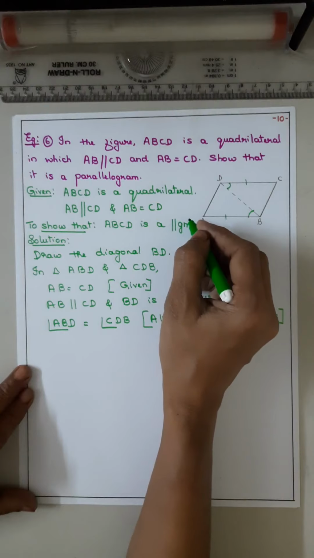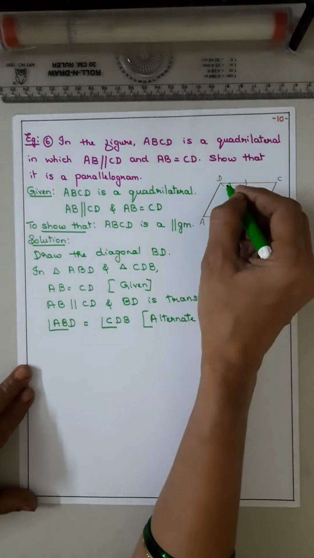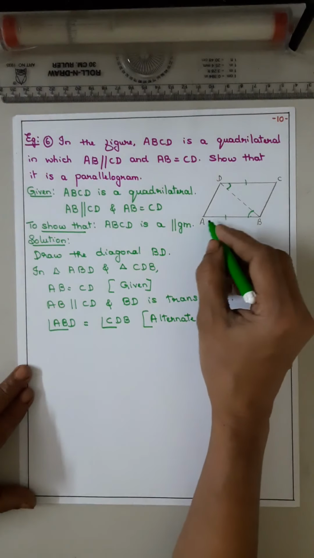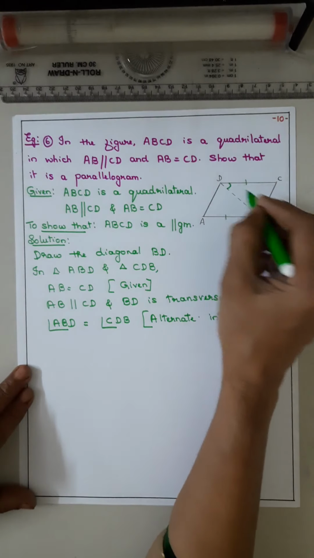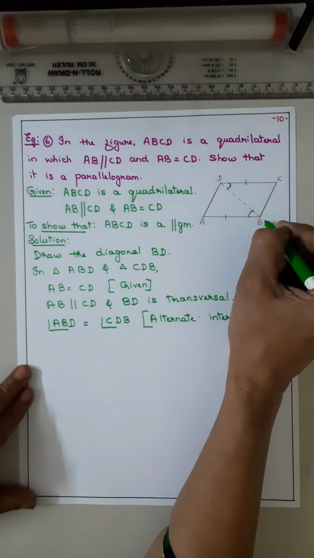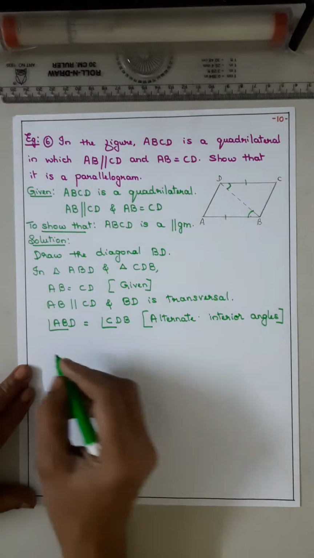You remember? So these two are parallel. This is the transversal. So this angle is equal to this angle. So you got one side equal and one angle equal. Now this side is common. Which is it? BD.